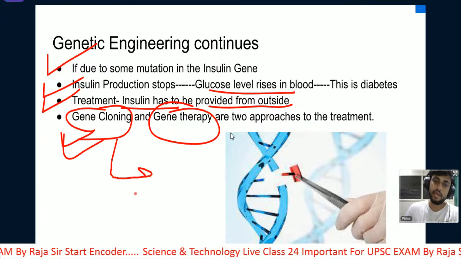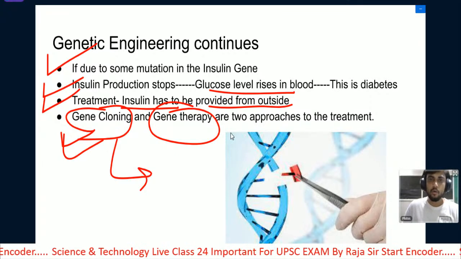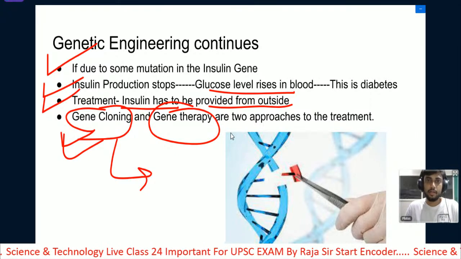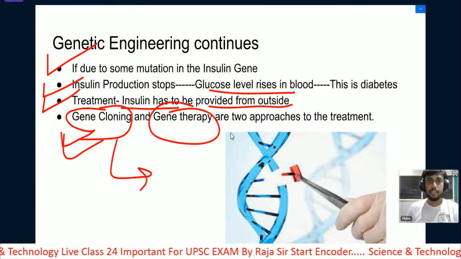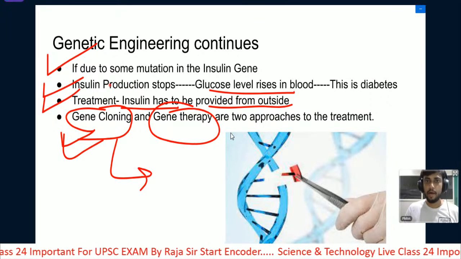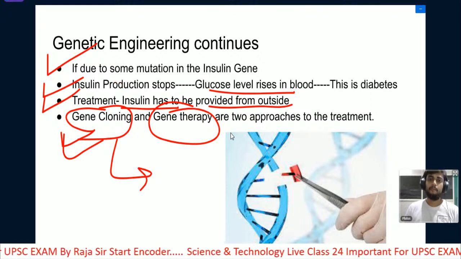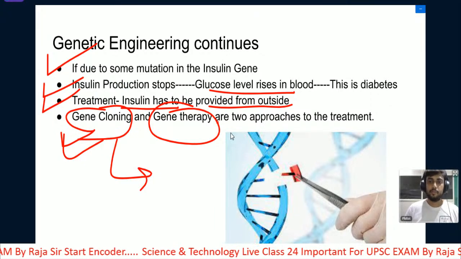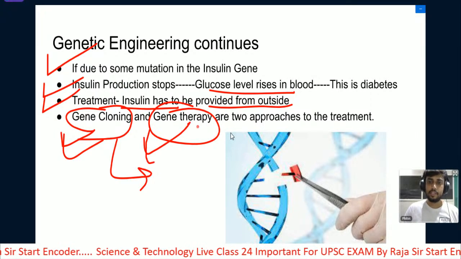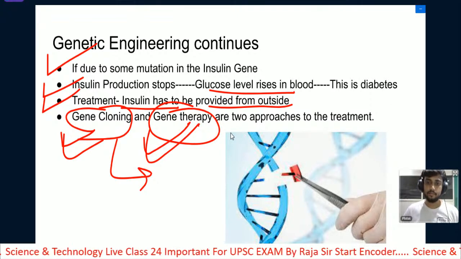In gene cloning, I have already explained that by using a bacterial DNA, we are replicating the insulin gene, and from that gene we are making the insulin, which is sold in the market and used to treat diabetic persons. And now I will discuss gene therapy. These are the two approaches of genetic engineering.